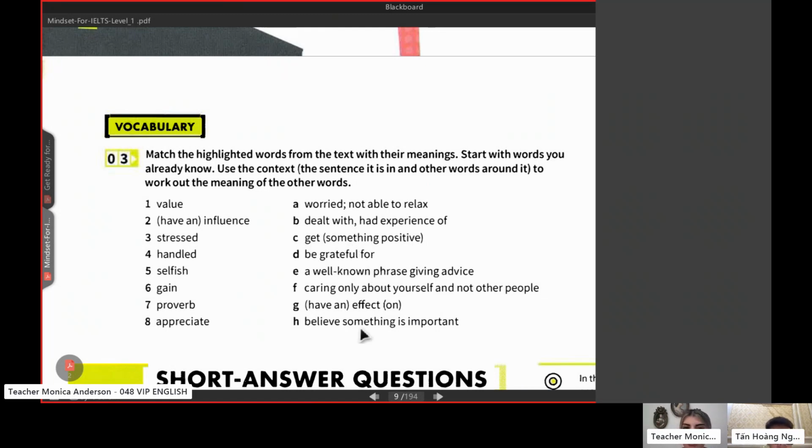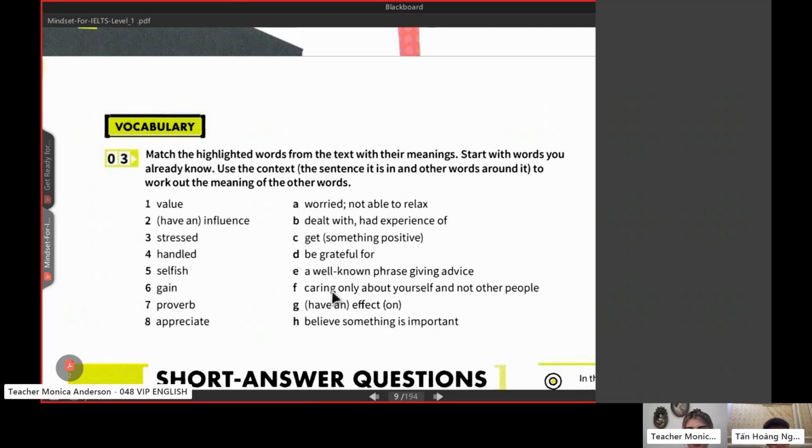Influence. Have an effect on. Okay, of course, G. Very good. Number three, stressed. A. Excellent. Handled. And B. Okay, very good. Selfish.